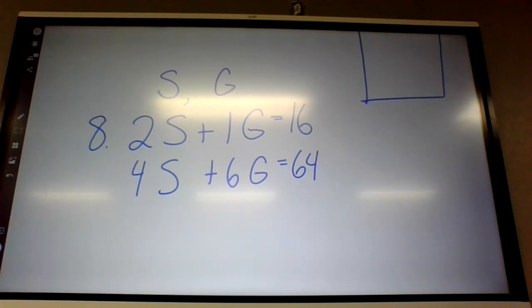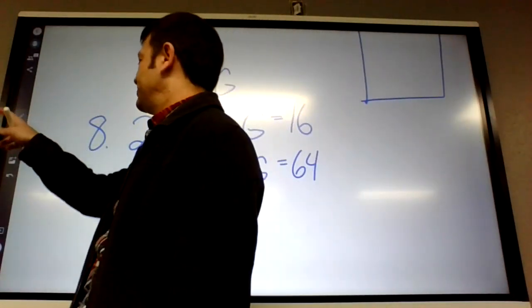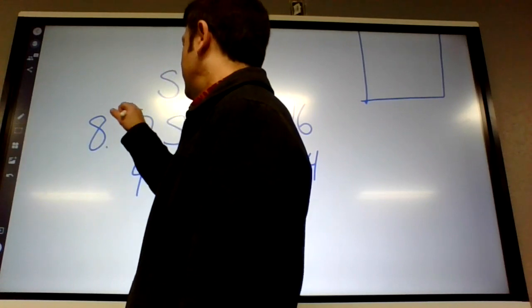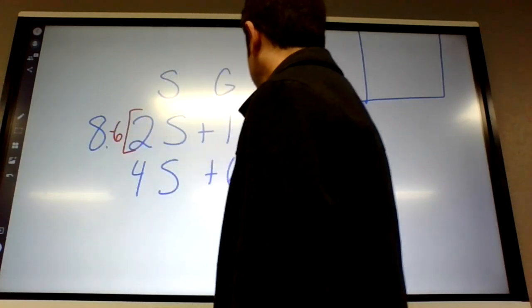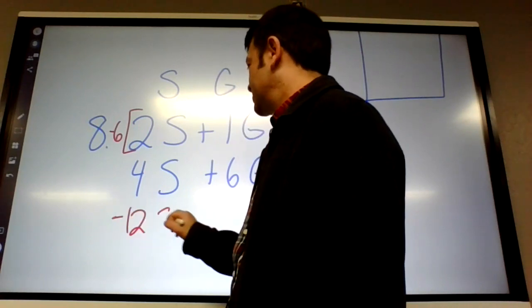So what should we do to solve this? Multiply the top row by 6. Okay, she said top times negative 6. Or we could have done negative 2. So top times negative 6.